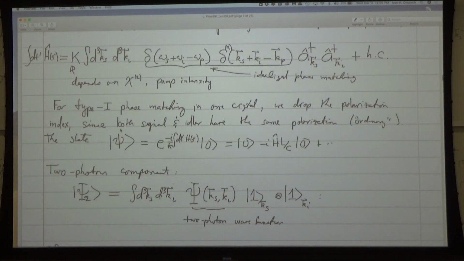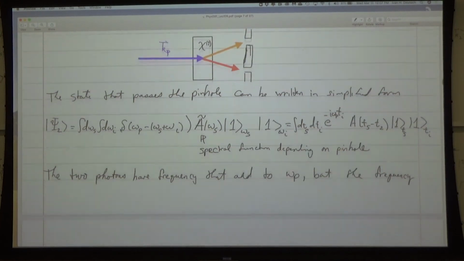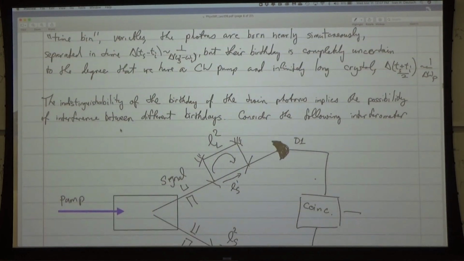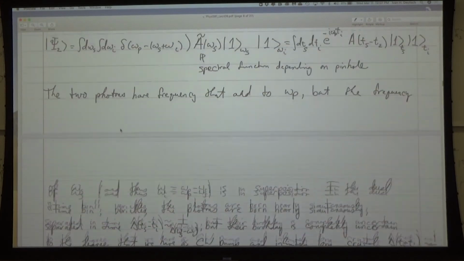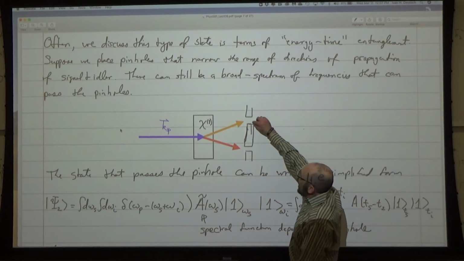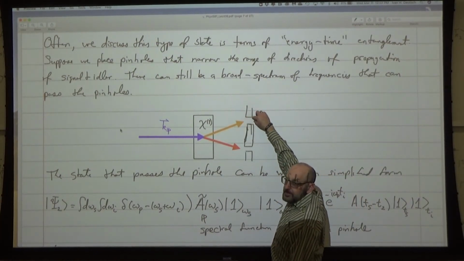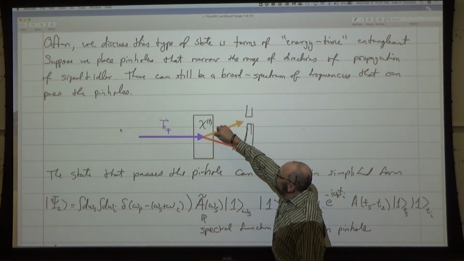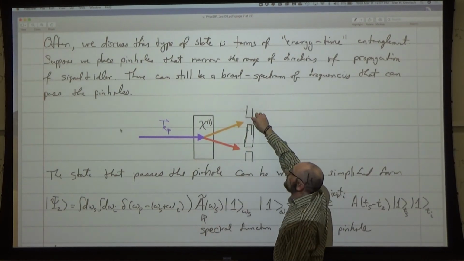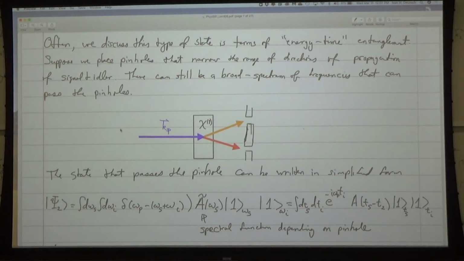All right. So one of the things I could do, for example, is put some pinholes and take a narrower bandwidth of photons. Say the photons that come out through that pinhole I'll call the signal photons, and the photons that come out through that pinhole, the idler photons.